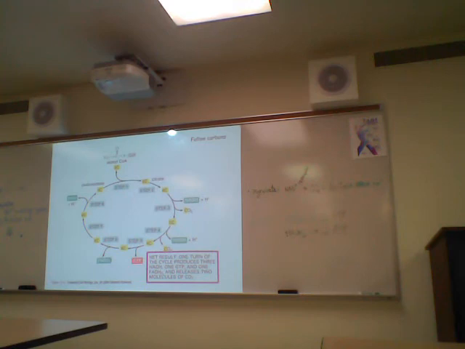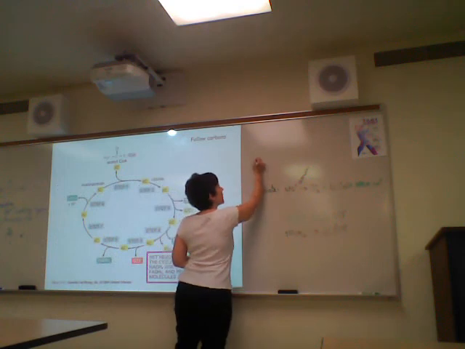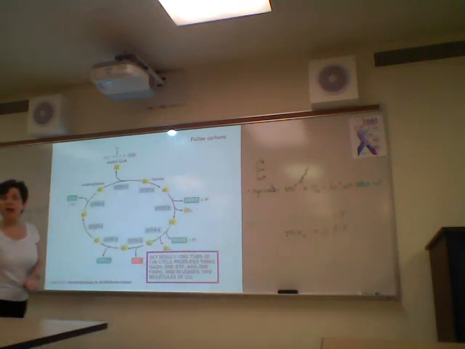But how should we tally this up if we were talking about starting from glucose? Would you have more ATP? So remember when we do this pyruvate, we've got 3 carbons.